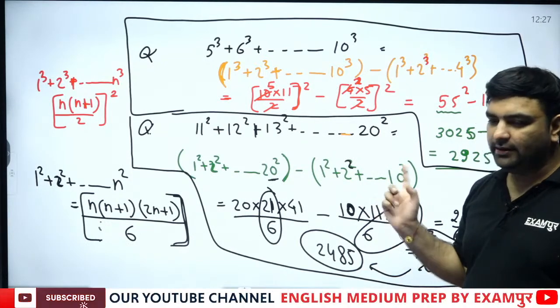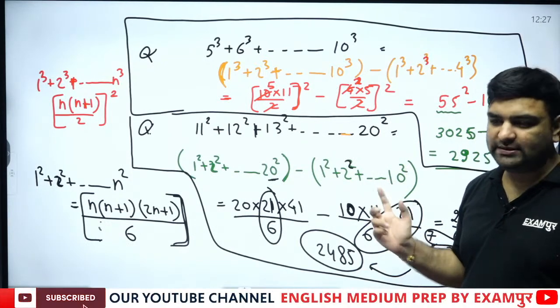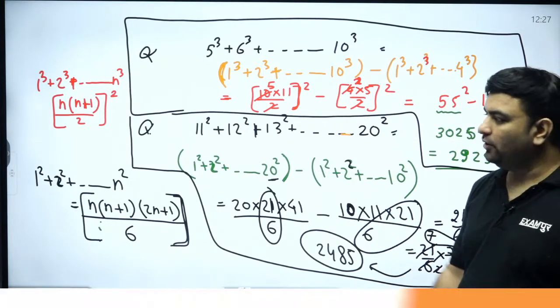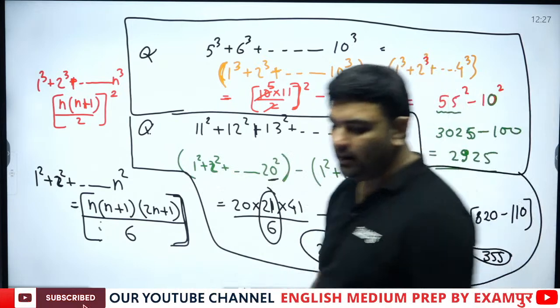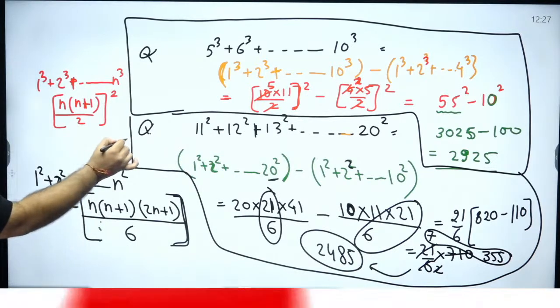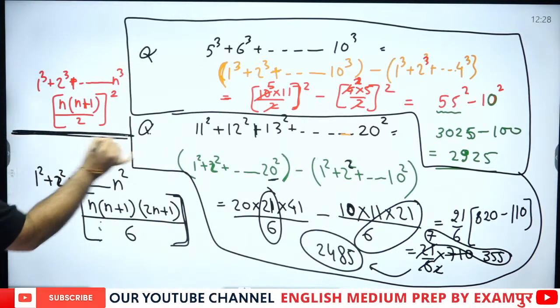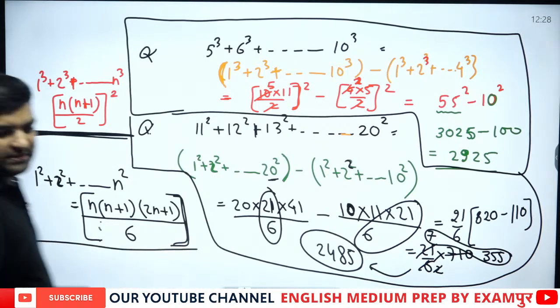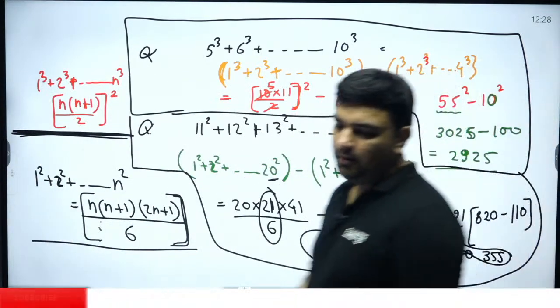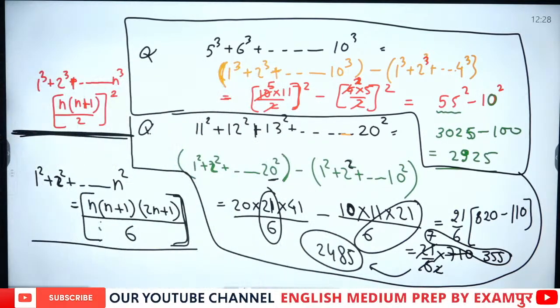For your revision, guys, you can revise it later on. These are the two formulas which I have written for them. This is for cubes and this is for squares. Let's go back to the questions again.